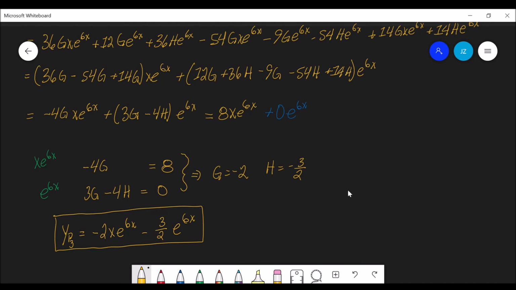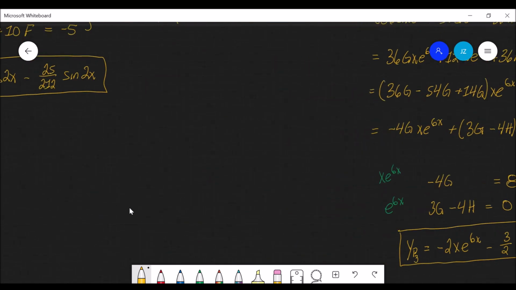We now have all three particular solutions, so we can add them together.